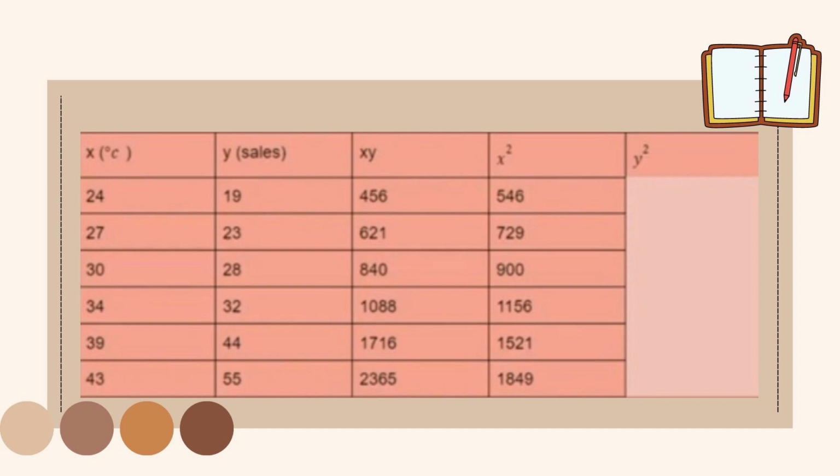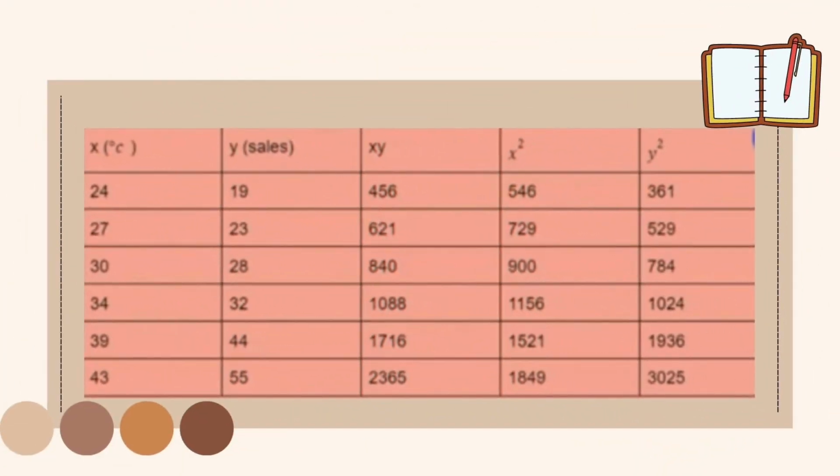i-multiply ang dependent variable sa kanyang sarili. So, 19 times 19, 23 times 23, 28 times 28, 32 times 32, 44 times 44, and 55 times 55.